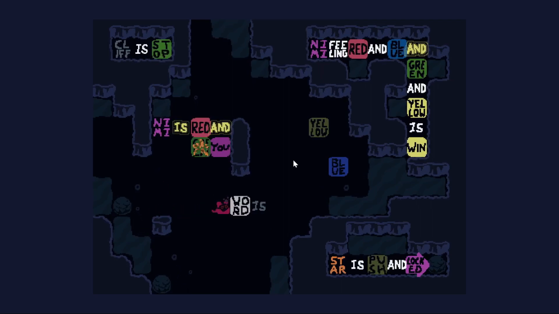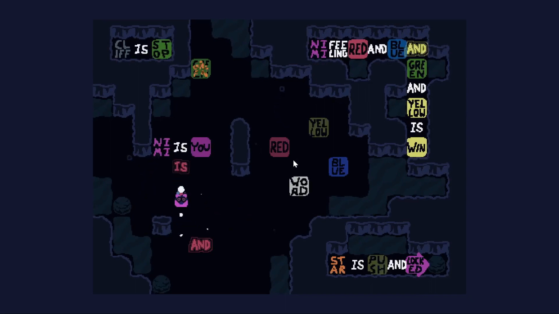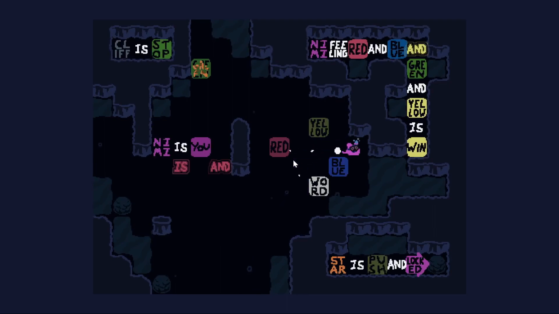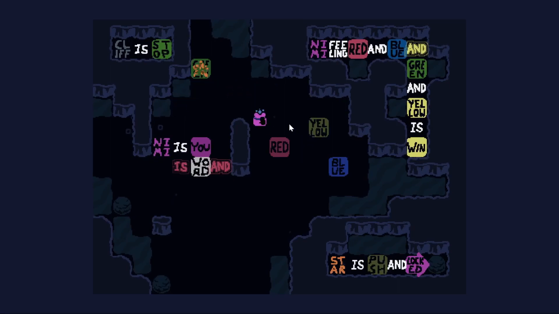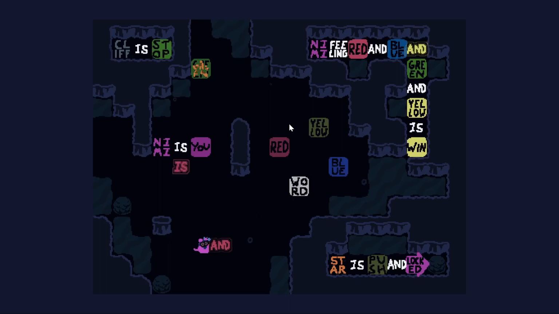Unless I try to push it down instead, if that somehow works better. No, because that doesn't work. Why would it? Yeah, because the text will be reading upwards, which doesn't happen. So yeah, it doesn't form a sentence at all. So it does look like I can only push up.